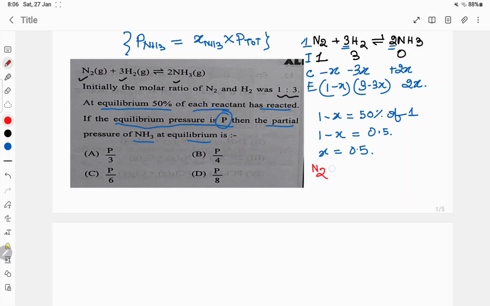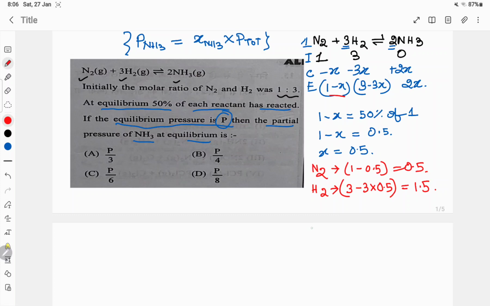For nitrogen, the number of moles is 1 minus x, which is 0.5. The number of moles for hydrogen will be 3 minus 3x, that is 3 minus 3 into 0.5, which is 1.5. So 3 minus 1.5 is 1.5.